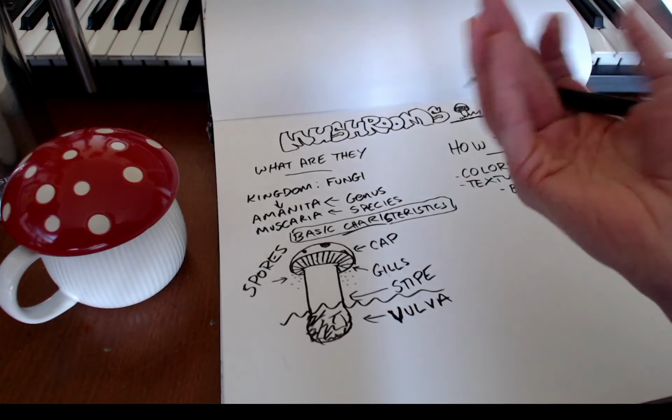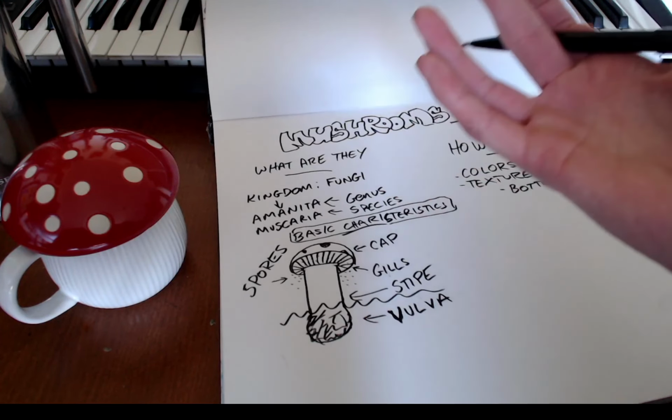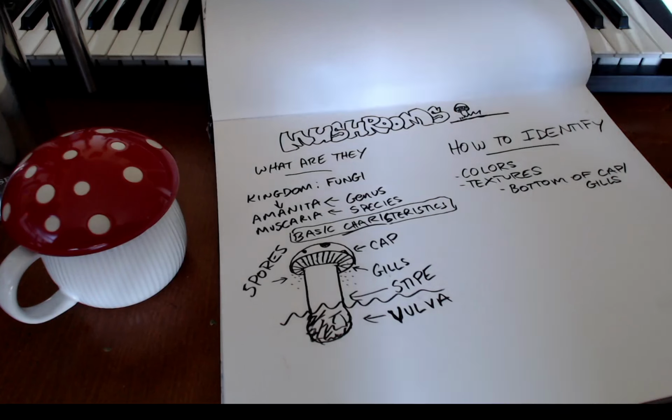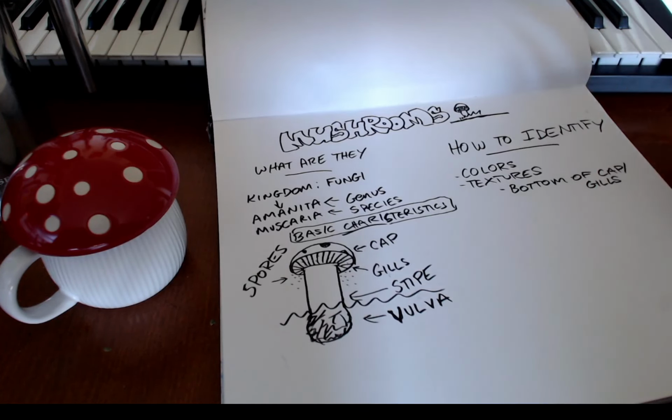Or you could usually just look at the bottom of the cap, and you'll be able to see based on the color of the gills usually what color the spores are. So that's one major identification. Some mushrooms have white spores, some have brown spores, some have green spores, some have purple spores. For example, psychedelic mushrooms actually tend to have purple spores.